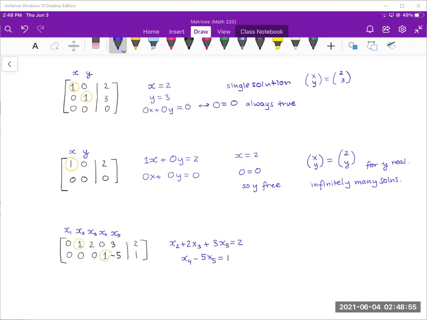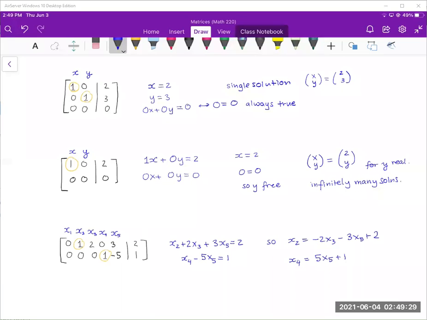Because we know that these leading terms only show up in just one equation, we're going to find it convenient to solve for them. We can write x2 as negative 2x3 minus 3x5 plus 2. And we can write x4 as a function just of x5, so x4 is 5x5 plus 1.